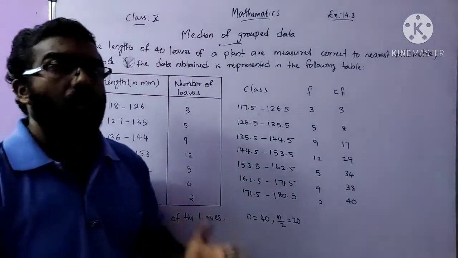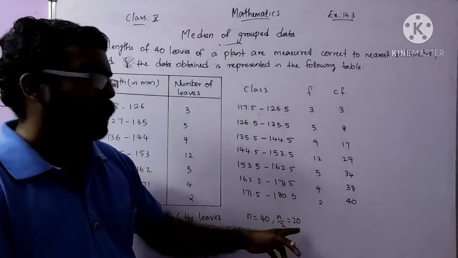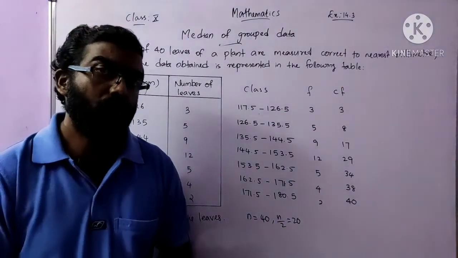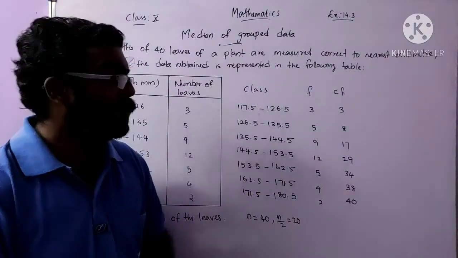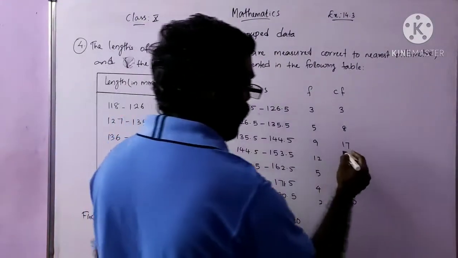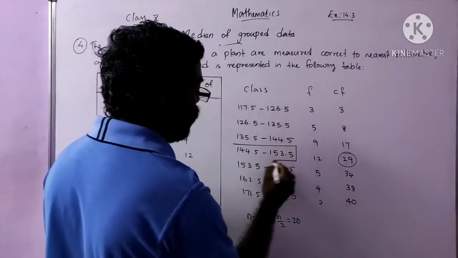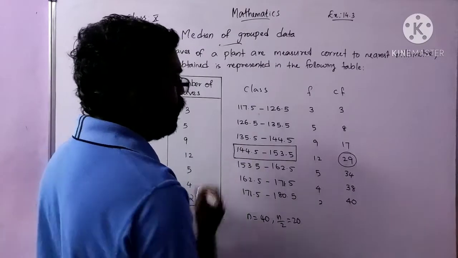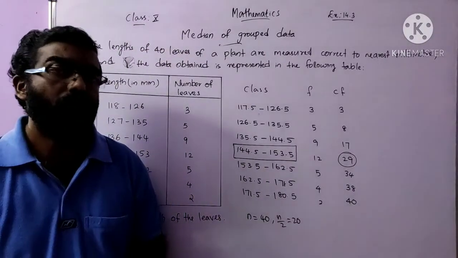Now we can locate the class with the cumulative frequency greater than n by 2 and nearest to n by 2. That means greater than 20 and nearest to 20. That is 29. And the corresponding class is 144.5 to 153.5. It is the median class.